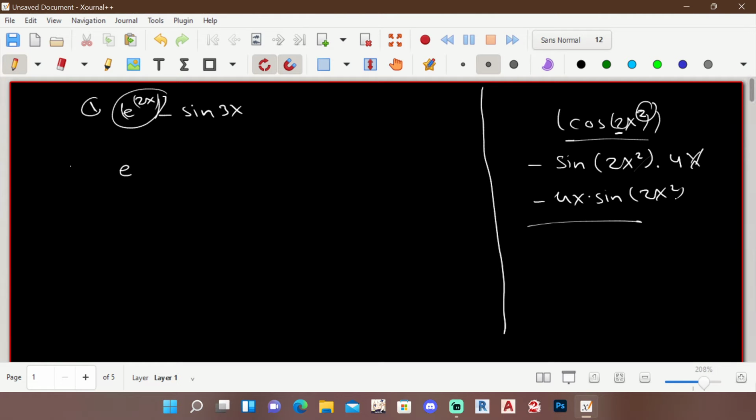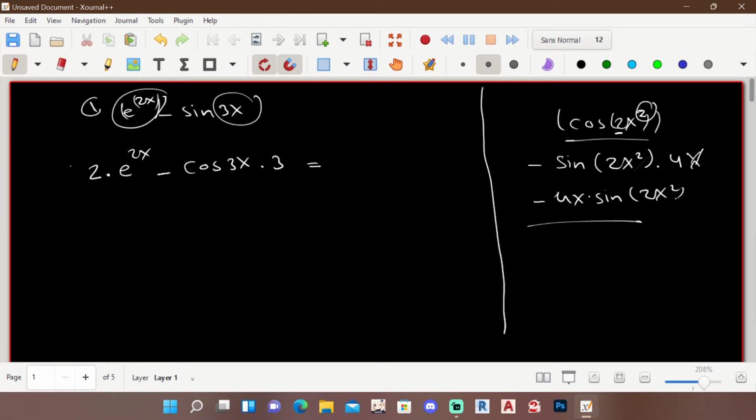so the outer function derivative is e to the power of 2x, and the inner function derivative, I'm gonna write it on here, it's multiplied by 2. Okay, minus sine 3x, the derivative of sine is cosine, so it's cosine 3x, and then the inner function's derivative here is 3.